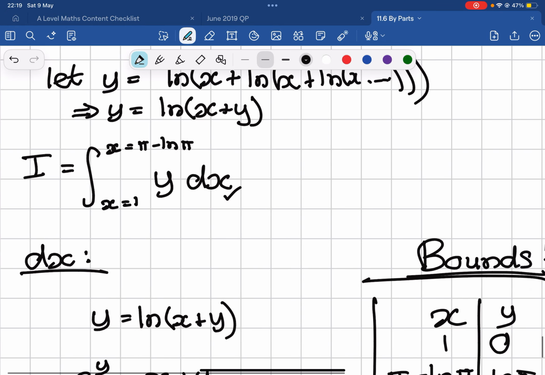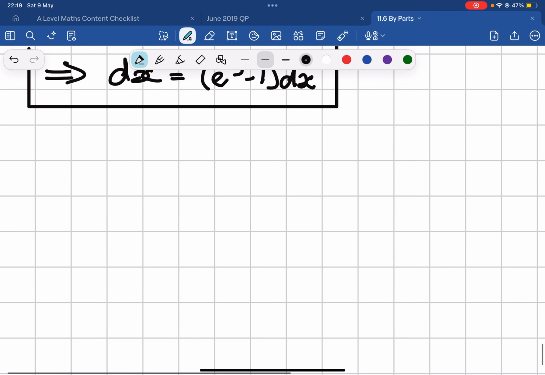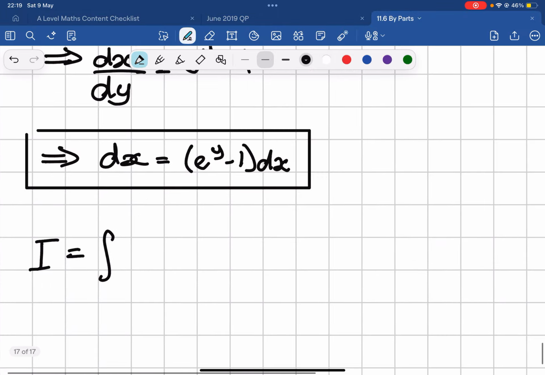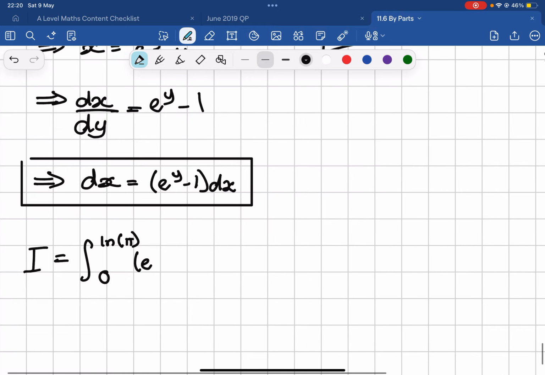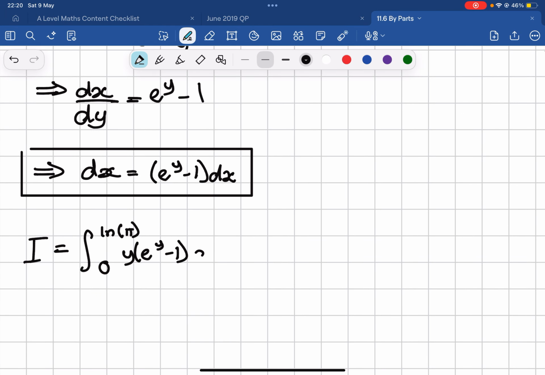So if we go back to the integral, the bounds have been readjusted, so we can rewrite this integral now as I equals the integral from 0 to ln pi, and we had e to the y minus 1 multiplied by y, so y times e to the y minus 1 dy.